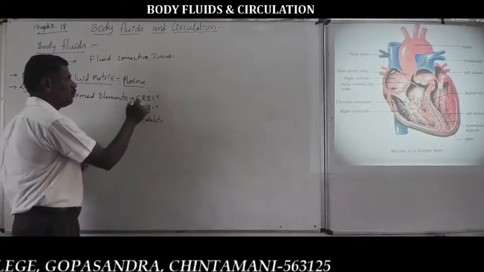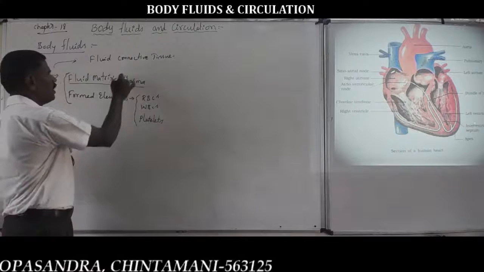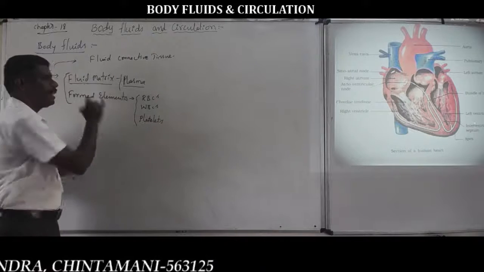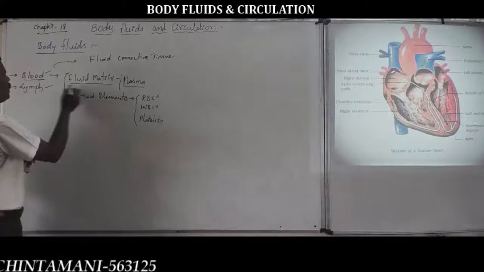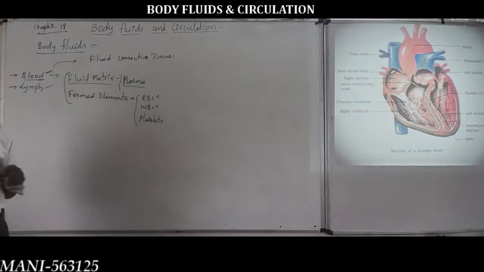So these are the formed elements, and the plasma is the fluid matrix. Both components are present in the blood.